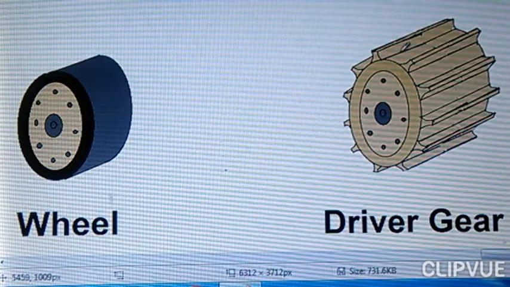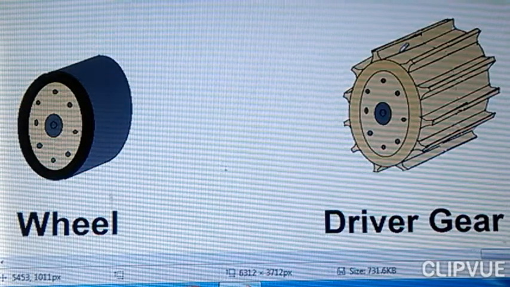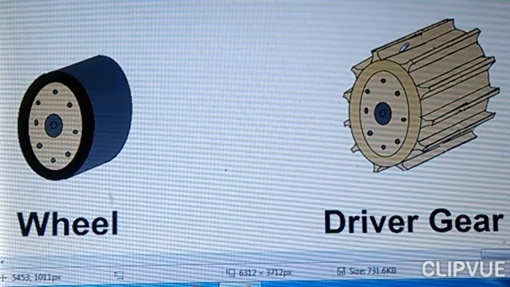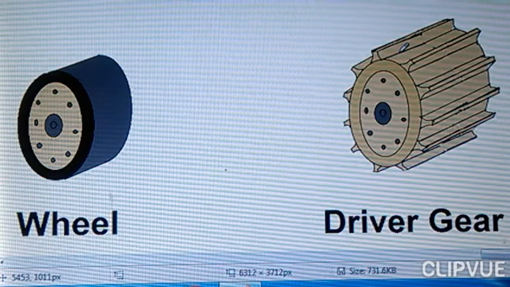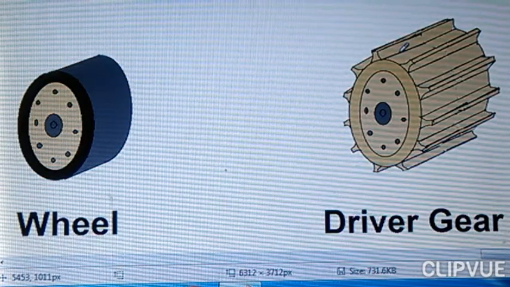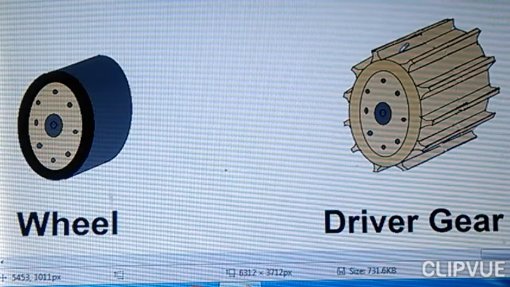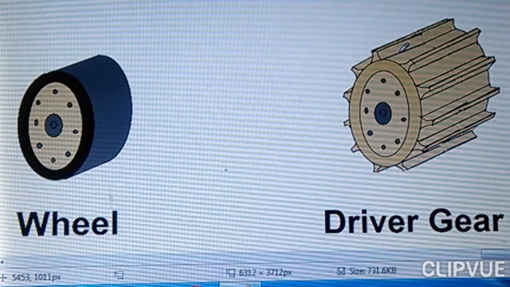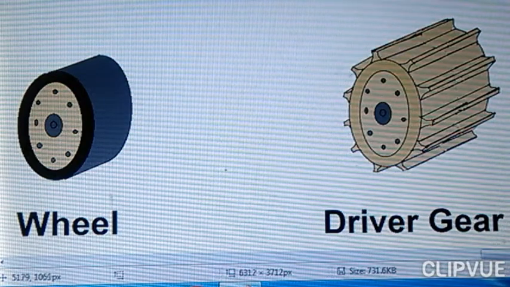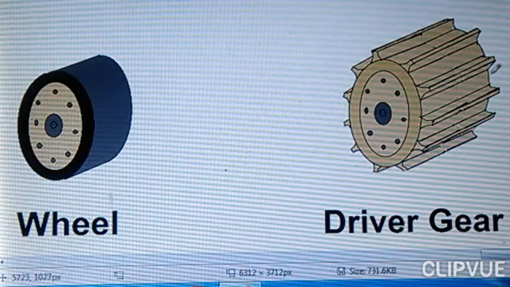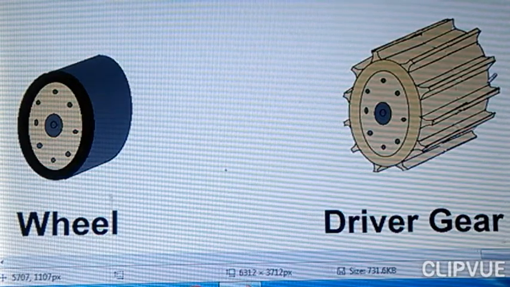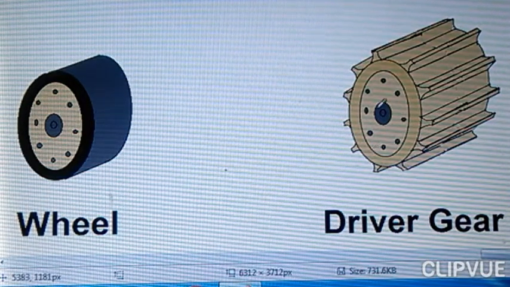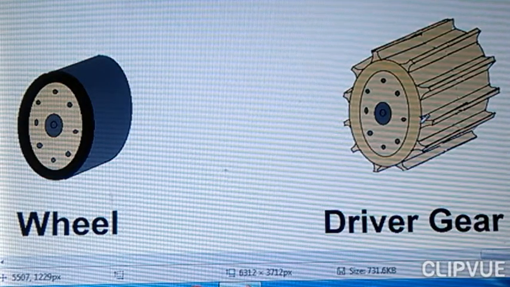The distance between each two teeth is the same as the distance between the track teeth or the track notches. You can get this by using mathematics, by measuring the circumference of the gear and dividing it by the number of the teeth.